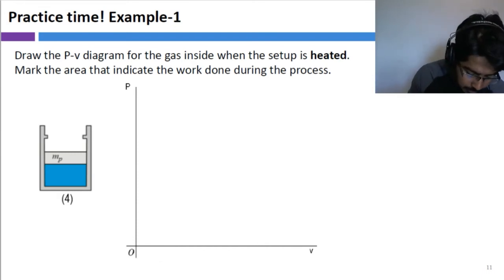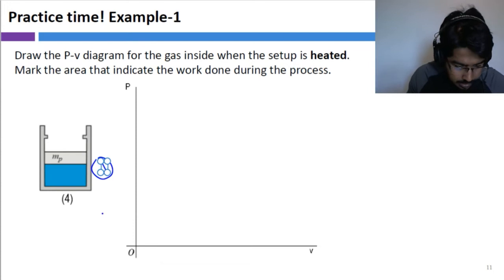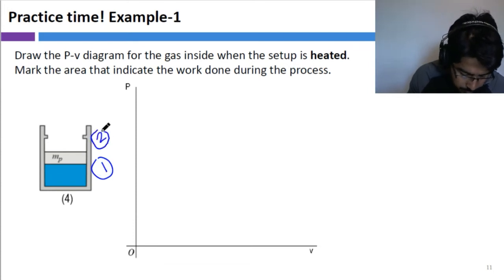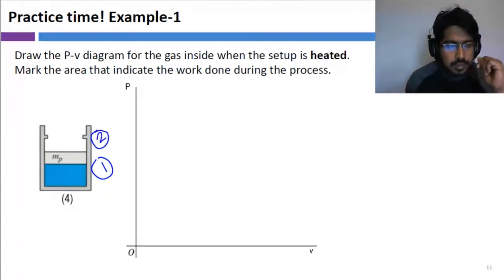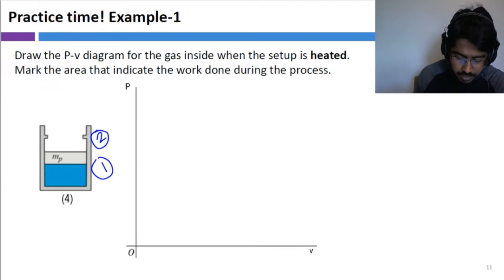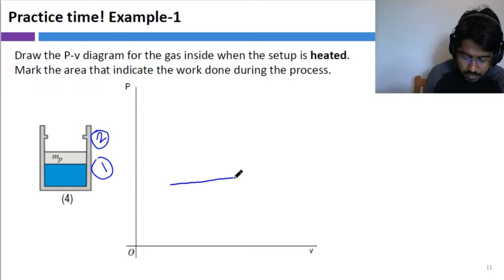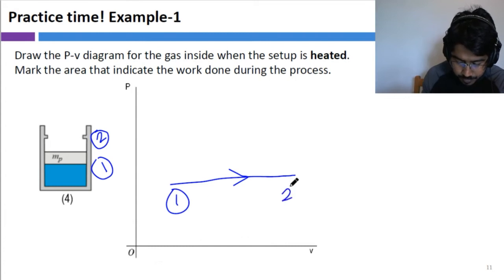So if we consider this to be state 1 and this to be state 2, until the piston hits the stops, pressure is going to be constant, right? Therefore, it's going to be a horizontal line from 1 to 2.